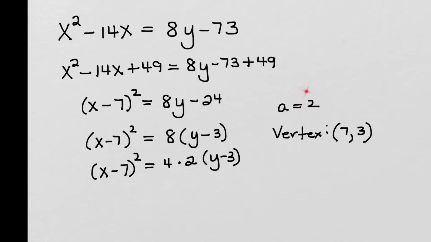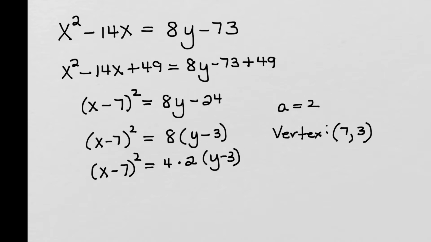A gives you the distance from the vertex to the focus. Since this is an x squared equals y situation, the focus is going to be 2 steps in either the up or down direction, depending on our parabola.